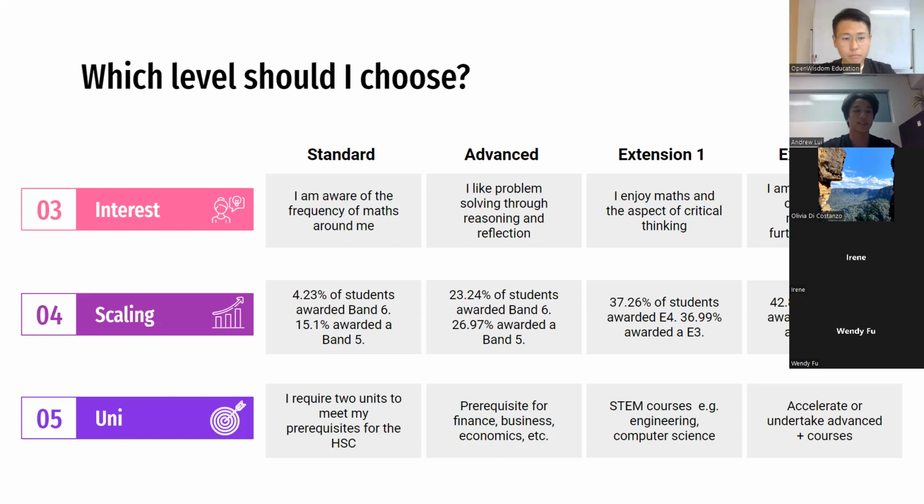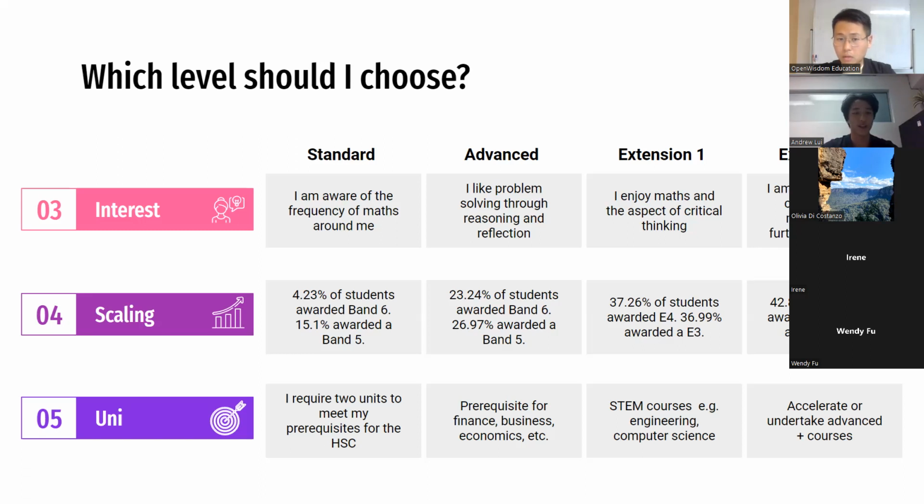Our next part is our scaling. So for extension subjects, instead of listing from bands 1 to 6, we have E1 to E4. But another exception to this is that for extension 2, because marks are out of 100, you will have bands. So let's look at standard.